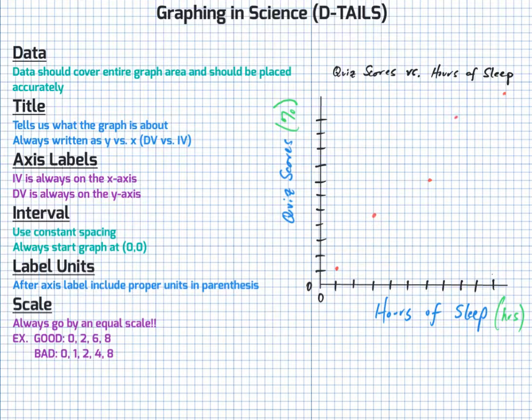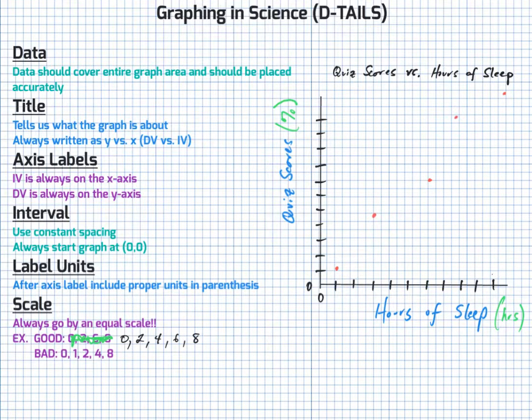Now finally, S, scale. We always want to go by an even scale within our graph. For example, a good scale would be 0, 2, 4, 6, 8.